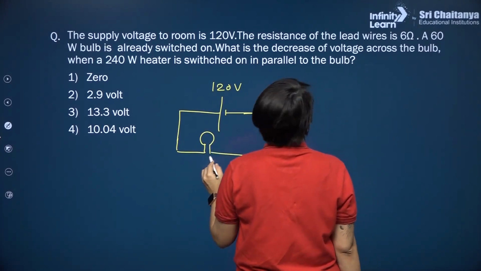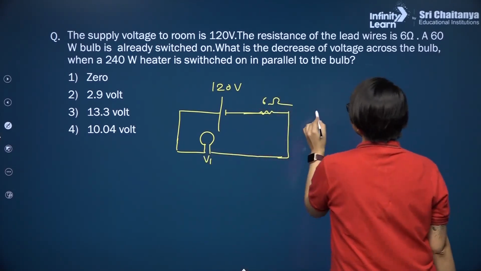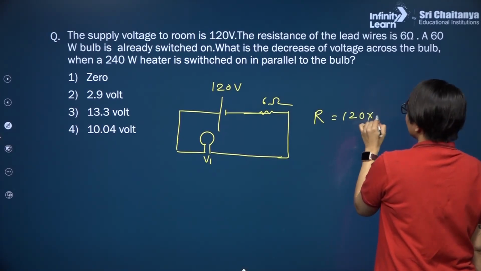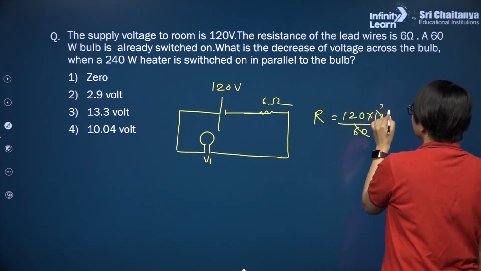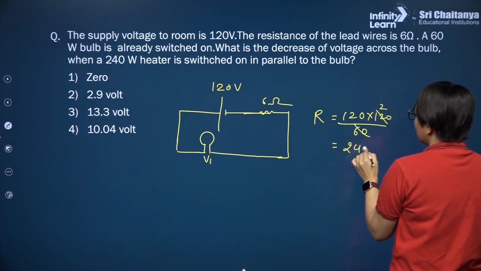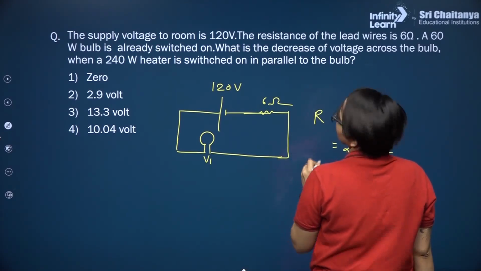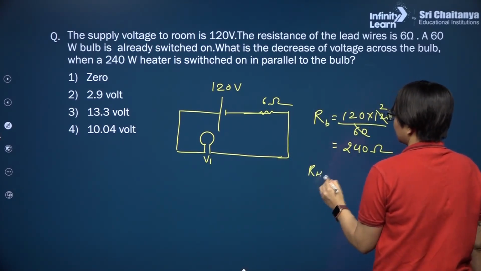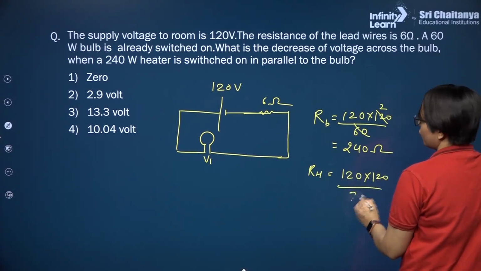Now the voltage across the bulb in this situation is, let's say, V1. Resistance of the bulb will be V square upon P, 120 into 120 divided by 60. So this is 240 ohm, and the resistance of the heater will be 120 into 120 divided by 240.